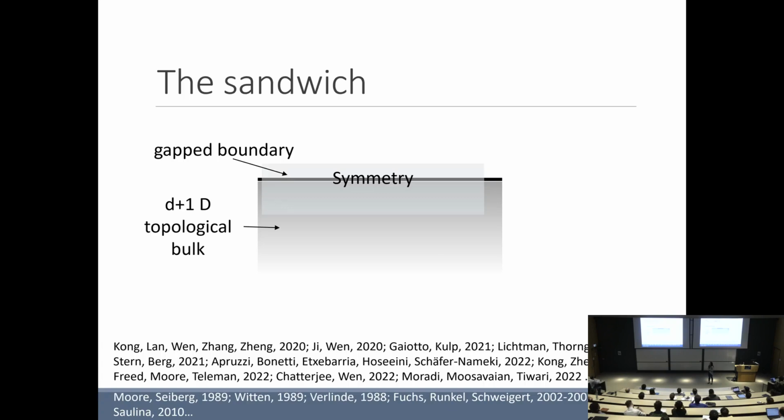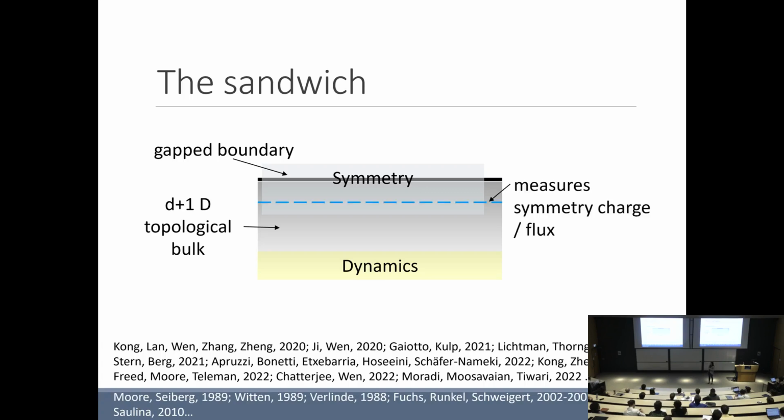And then the topological bulk and the gapped boundary together determine the kinetic part of the system, which to most extent is just specifying the symmetry of the system. And down below, the bottom boundary is left open, and that's where all the dynamics can happen. It can be different phases or phase transitions, and that's all the interesting dynamics.